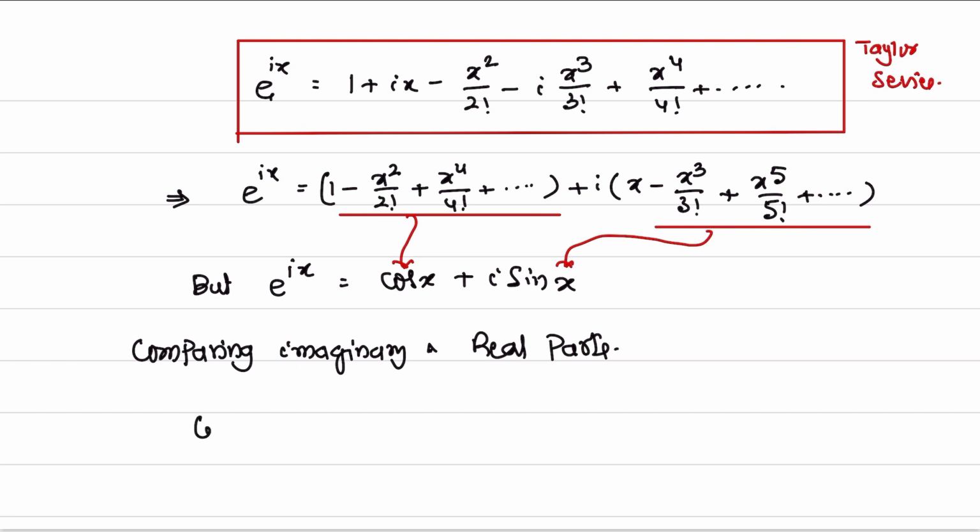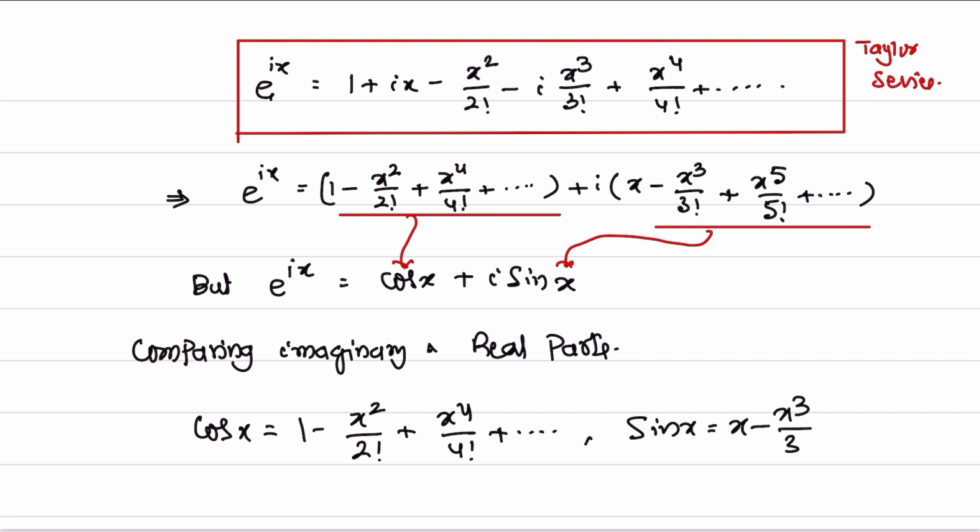Then from above, what do you write? Cos x is equal to 1 minus x square by factorial 2 plus x to the power of 4 by factorial 4 plus, and sin x is equal to x minus x cube by factorial 3 plus x to the power of 5 by factorial 5.